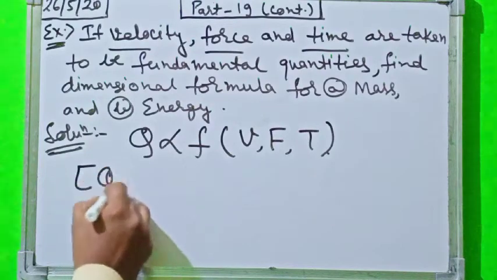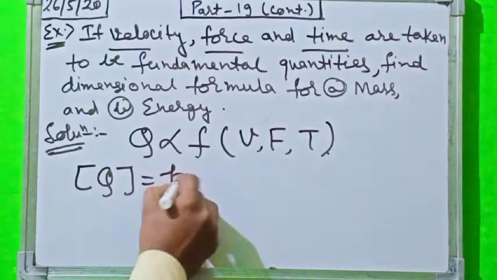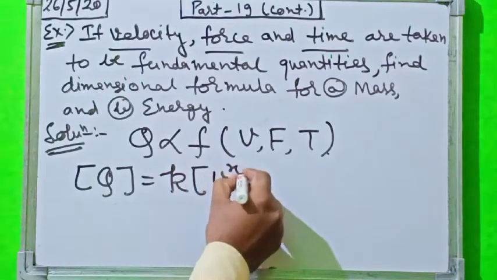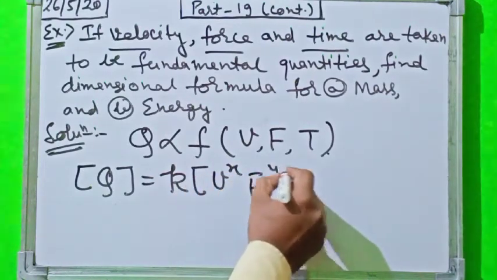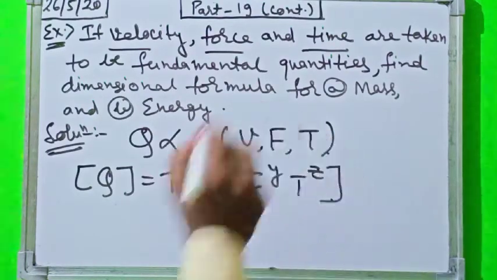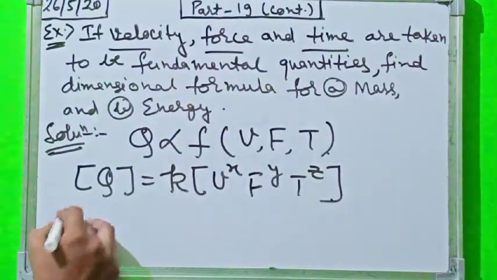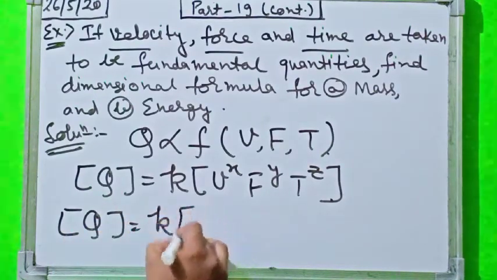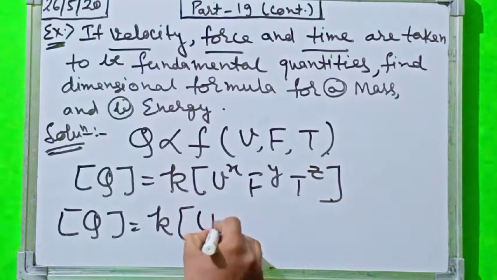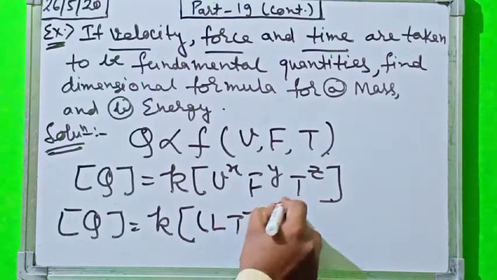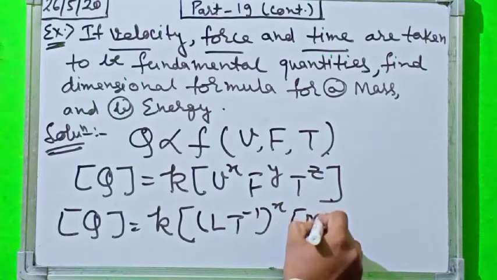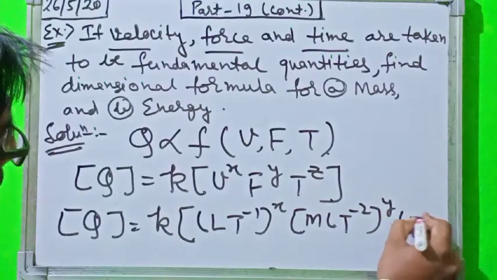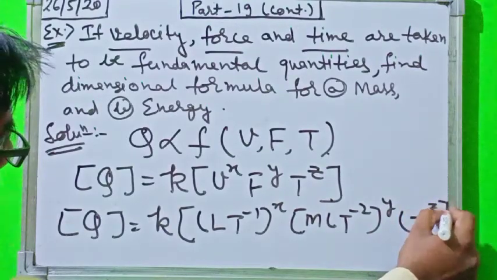Now first of all, we will find the dimension for Q is equal to V^x F^y T^z. Now writing the dimensional formula, Q = K [LT^-1]^x [MLT^-2]^y [T]^z.